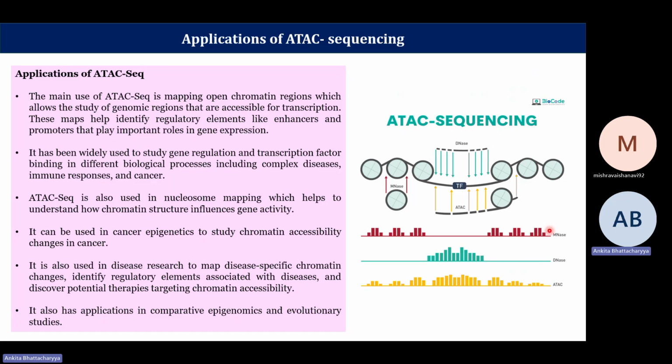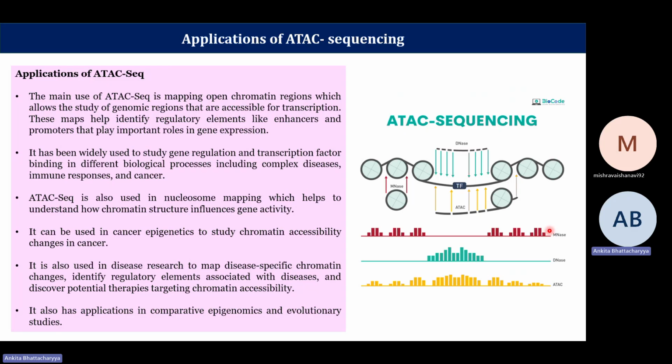But make sure if you are ever spotting the difference, you have to make sure you mention the starting material difference as well. These DNase, MNase dependent reactions, they require a lot of material. ATAC-seq does not require that much nucleus or that much starting material. Secondly, the enzymes, MNase and DNase, beyond a point can have non-specificity, can have off-target effects because they are just physiological enzymes that we have purified from some source or another.